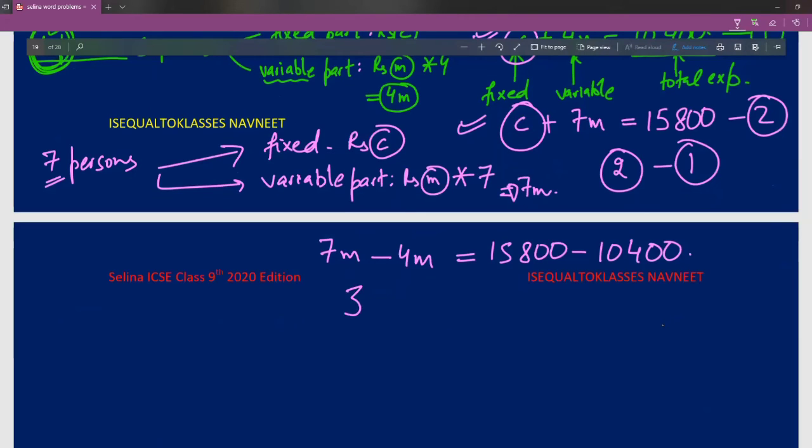This implies that 3M would be equal to 5,400. Therefore M would be equal to 1,800.